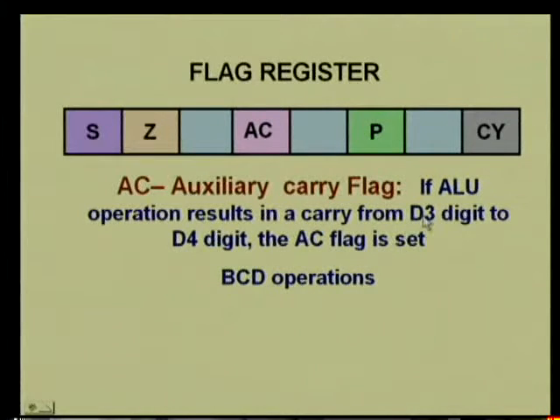So if there is any carry from the D3 bit to the D4 bit, then the auxiliary carry will be set, otherwise it will be reset. Using this auxiliary carry flag, the programmer cannot change the program sequence, whereas all the other 4 flags can be used to test and change the program sequence. The auxiliary carry flag cannot be used to change the program sequence.